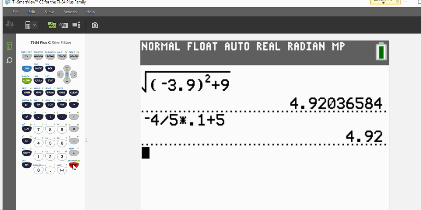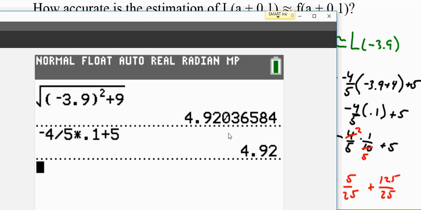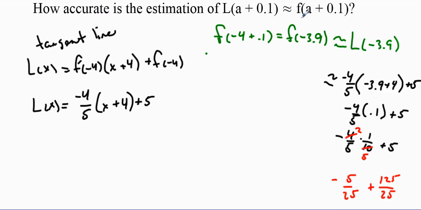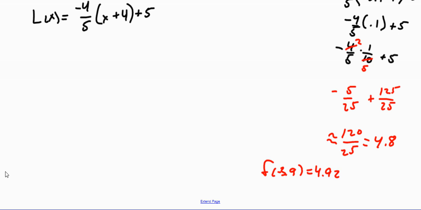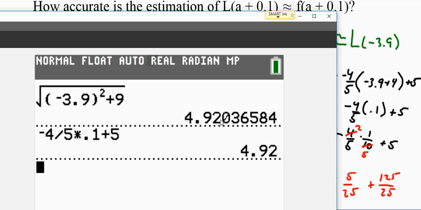Oh, there we go. I did some math wrong somewhere around here. We should get 4.92. I knew I had a sticky suspicion. 4.92036. Oh, okay.